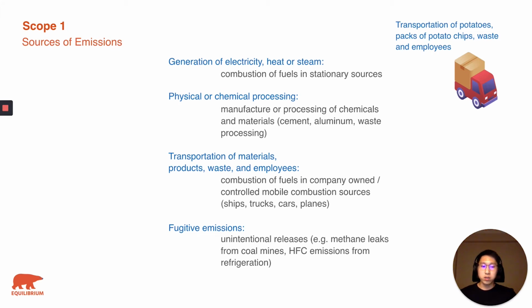As you can imagine, machinery in a potato chip factory might involve all of these actions, with the heat and chemicals required to cook the potatoes, transportation of unfinished products from one area to another using vehicles, and fugitive emissions from air conditioning units.